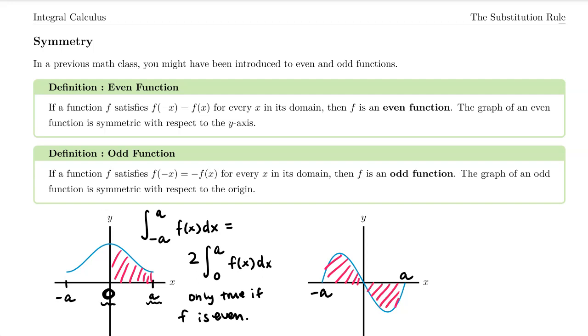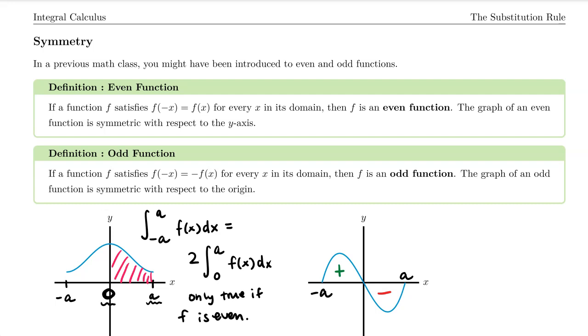And previously we learned that a definite integral essentially tells us the net area, and so we're thinking about it as a net area. So we can think about this area above the x-axis as being the positive stuff, and the area below the x-axis is what we're subtracting off.